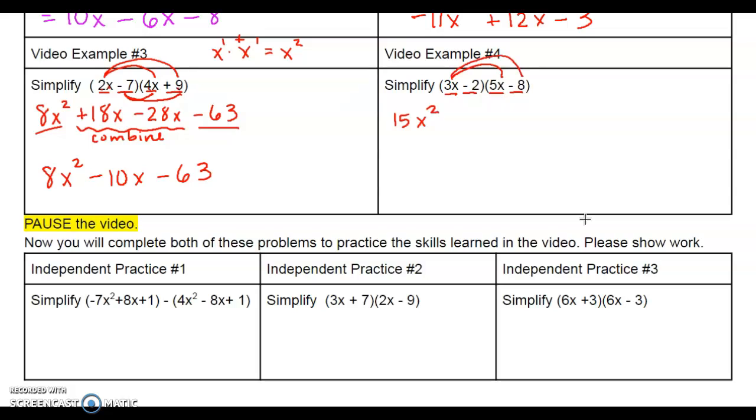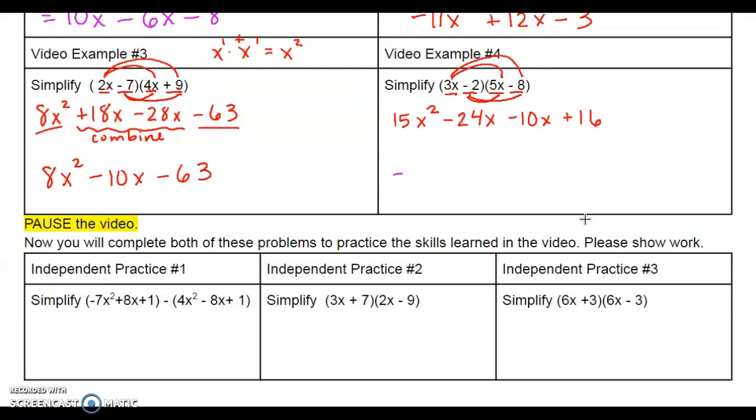Then we do 3x times negative 8. 3 times negative 8 is negative 24, and the x stays. Then I do the insides. Negative 2 times 5x. So negative 2 times 5 is negative 10 with an x. And then the last terms in each group, negative 2 times negative 8, is positive 16.